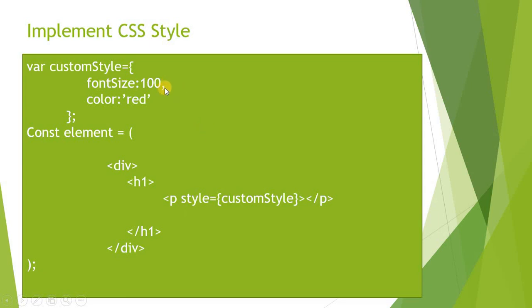Also, every property in React CSS objects is separated with a comma, while in CSS you use a semicolon to separate the different properties.